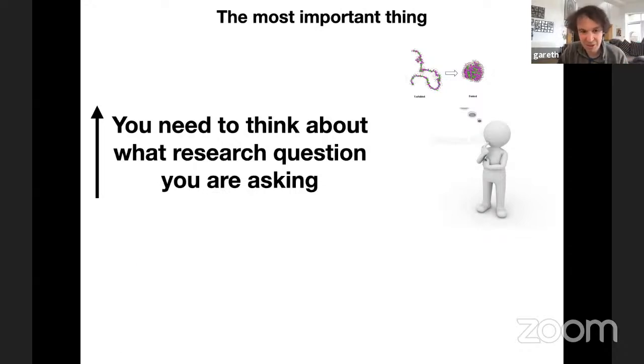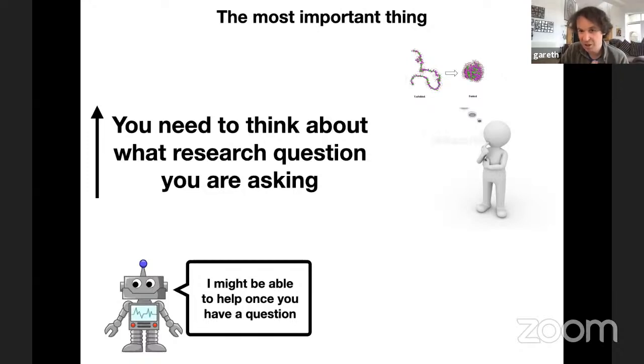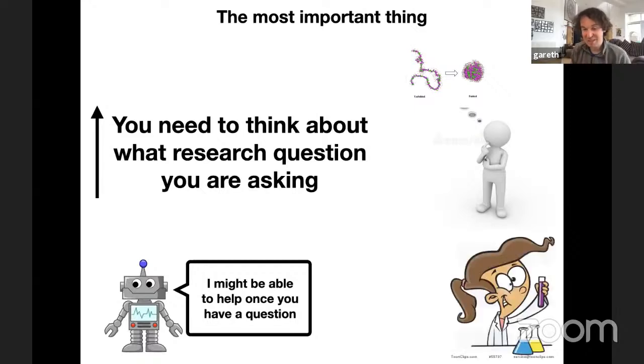Once you have that research question, then sure, the machine learning will help you refine that question and come up with a good way of sampling. But if you don't have that physical understanding and that understanding of what question you're trying to answer, you will get nowhere. And ultimately, that should be an exciting thing, because none of us got into science to turn handles and get out results.